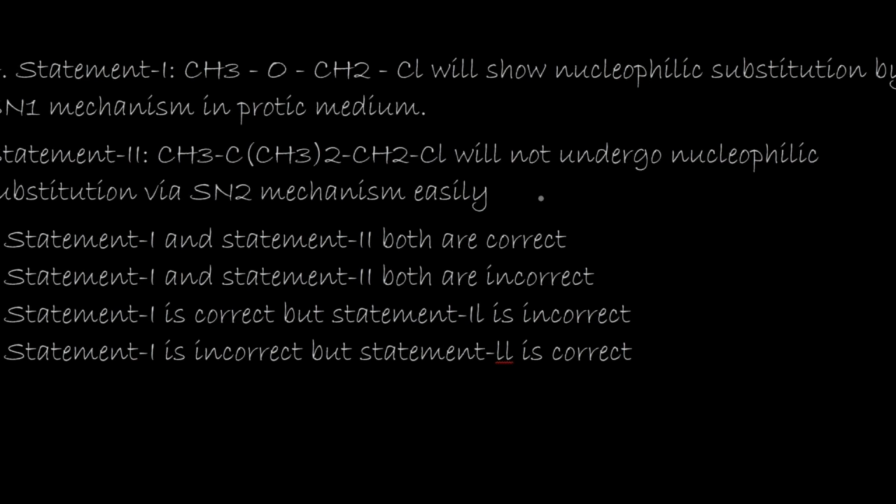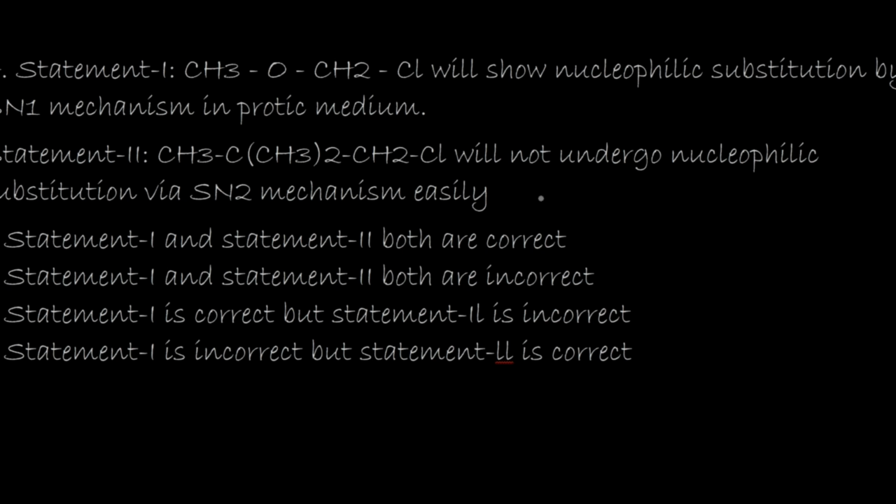Then there are two statements given. CH3OCH2Cl will show nucleophilic substitution by SN1 mechanism in protic medium. We already talked a lot about SN1 and SN2 mechanisms, why that is happening and what the factors affecting it are, in the crash course itself.